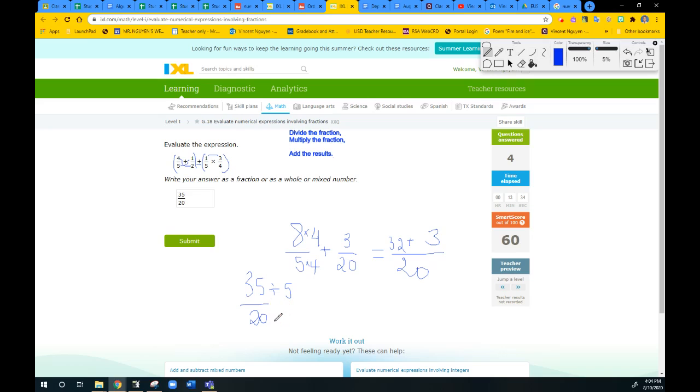So this will become 7, 35 divided by 5 is 7. And this will become 4. Now, if you happen to type in 35 over 20, the answer is going to be wrong, because they want you to write this as a simplified answer, right? So I'm going to type in 7 over 4 instead.